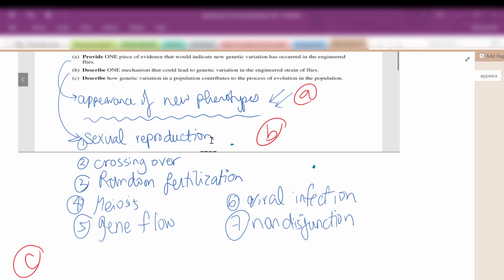When we're talking about evolution, we're talking about survival of the fittest and natural selection. If there is no genetic variation, there are going to be no different phenotypes, and hence not a single phenotype will be favored compared to others. So evolution will simply not happen, or it will slow down completely.